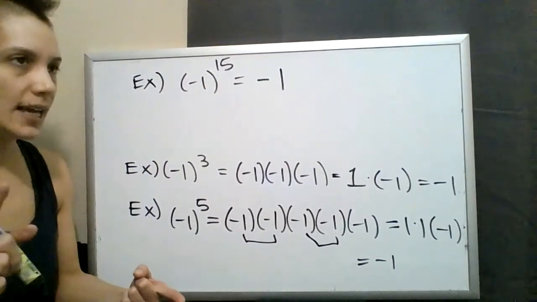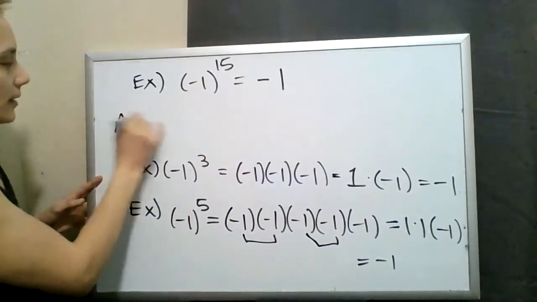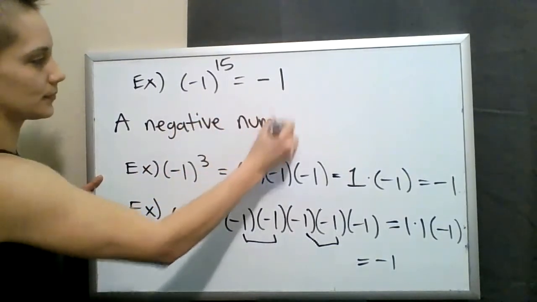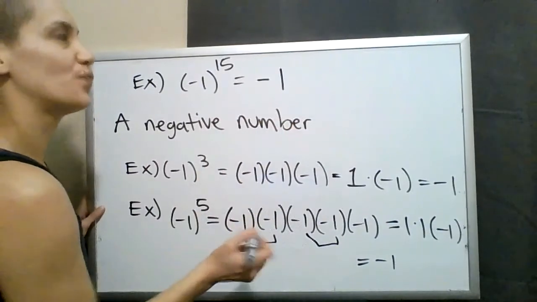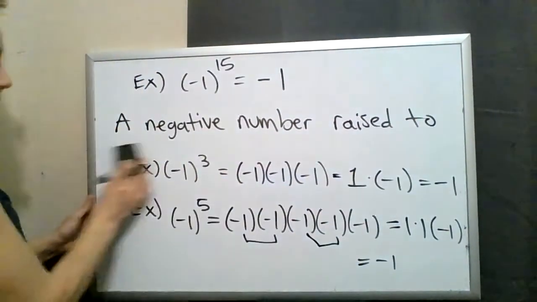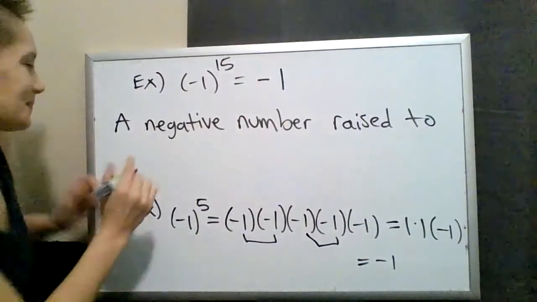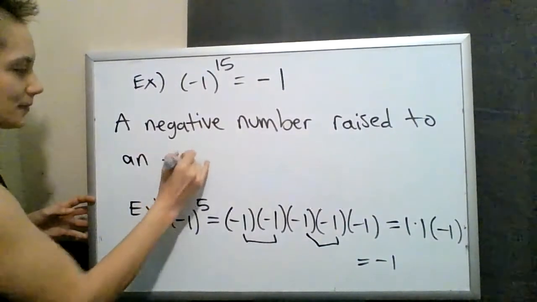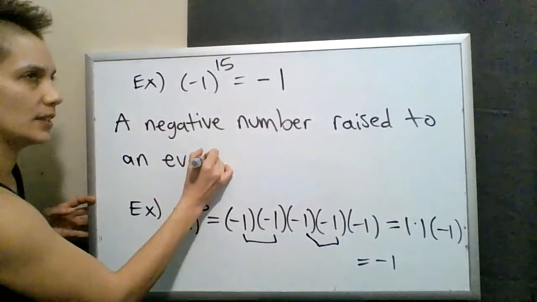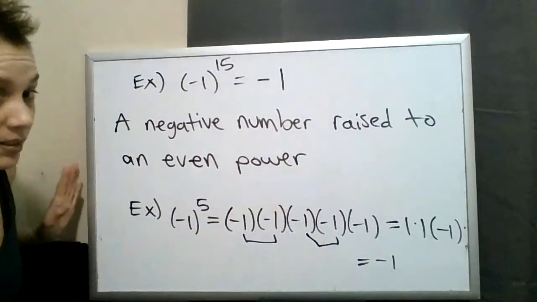Next, when you take a negative number to an even power, it's going to be positive. We did the odds, so we want to talk about evens. Even power, you'll have a positive number.